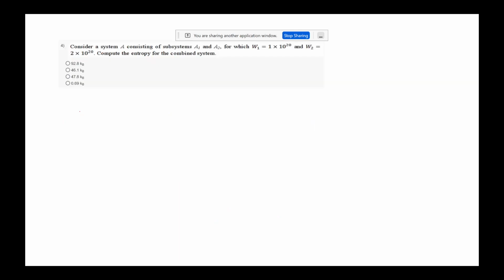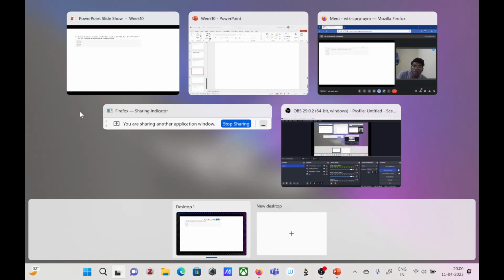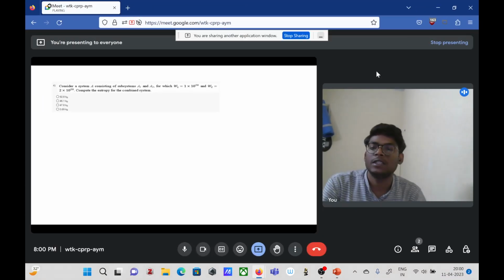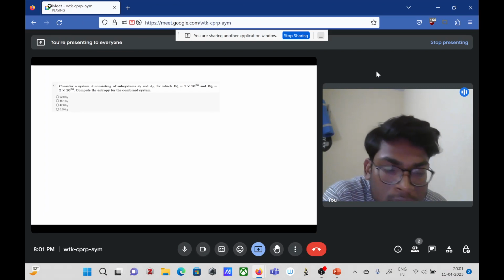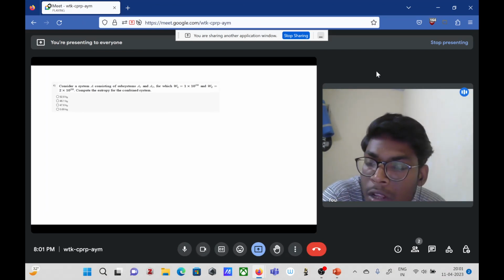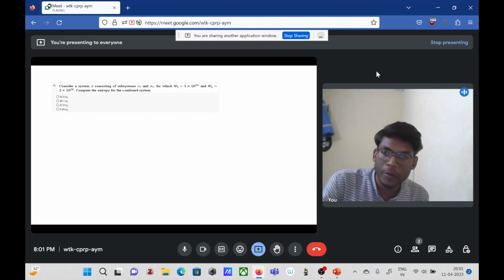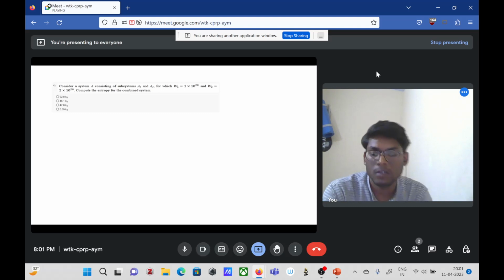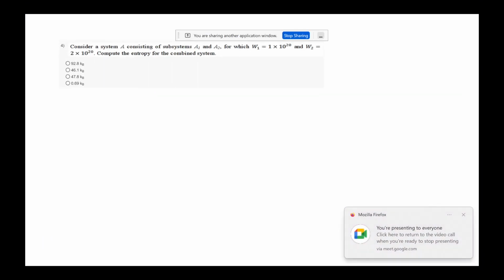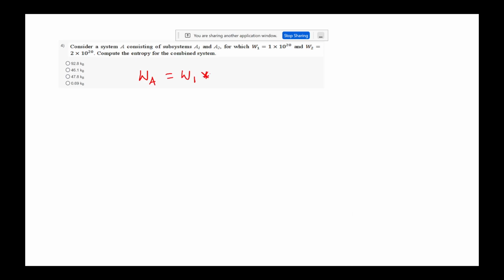Okay, so we will do the next problem quickly. Consider a system A which has two subsystems, A1 and A2, for which the numbers of microstates are W1 and W2. Compute the entropy for the combined system. We said that if we know the distribution for the subsystems, for the whole system it will be the product. So W_A will be W1 times W2.